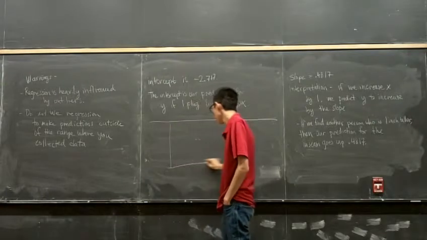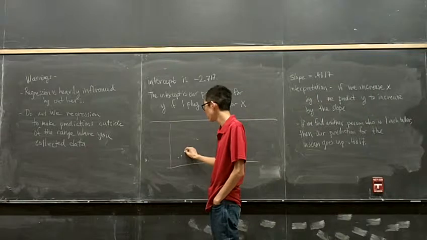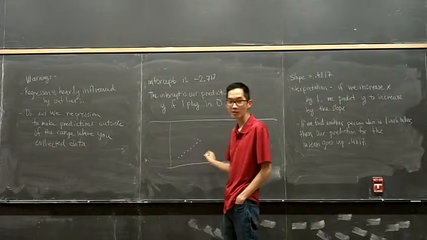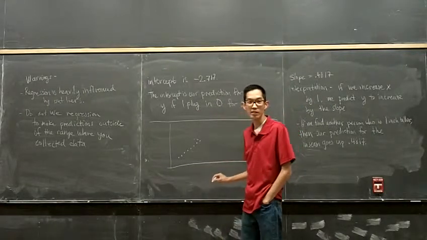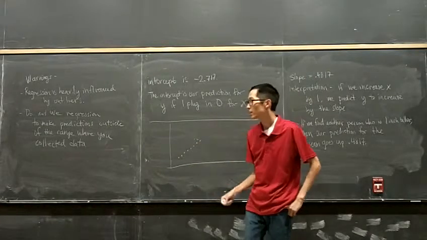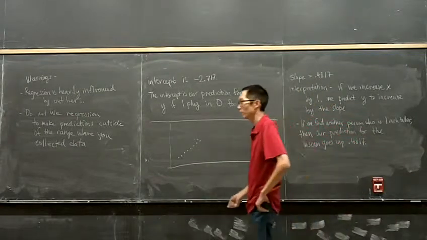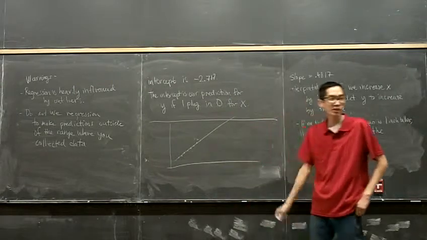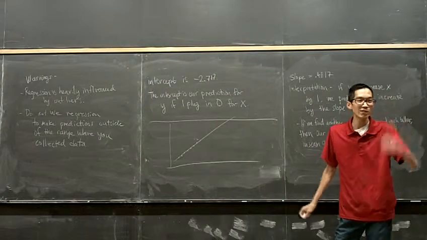Let's say a parent has a child, and they're measuring how tall this kid is, and every year the kid gets a little bit taller, and they create a regression line, and at 10 years old the kid is let's say 5 feet tall, and they say, oh, wow, this kid's tall, and at this rate, by the time he is 20 years old, he's going to be 9 feet tall.